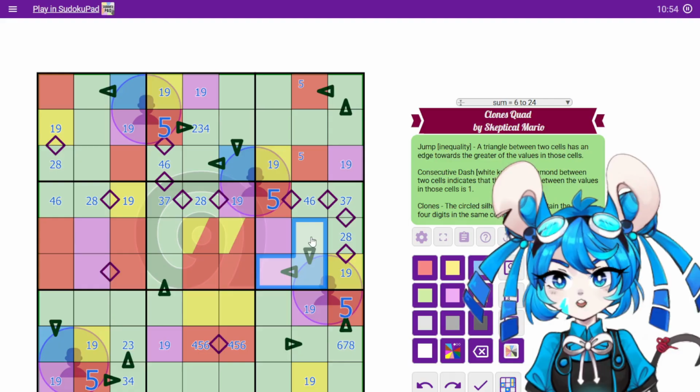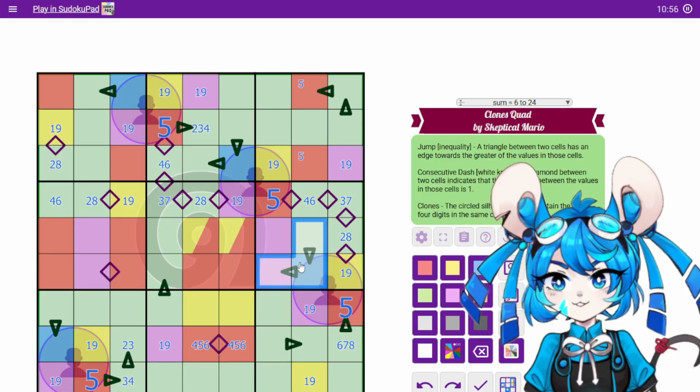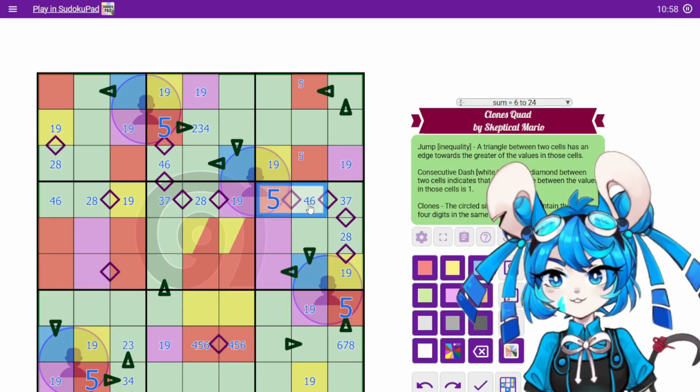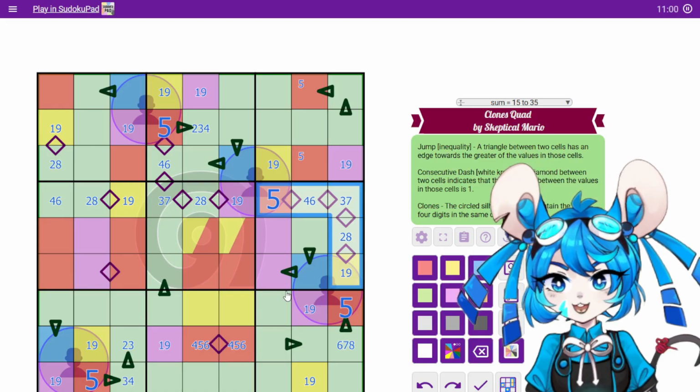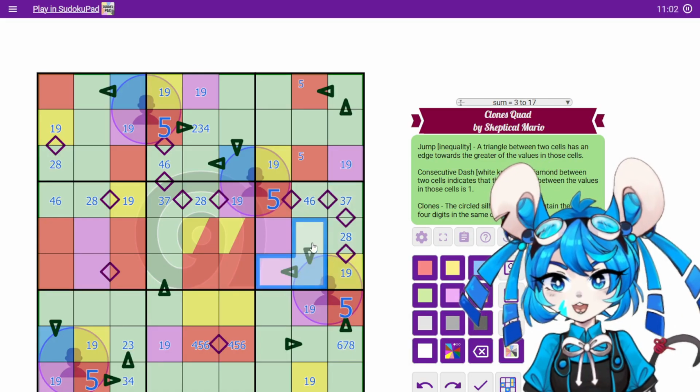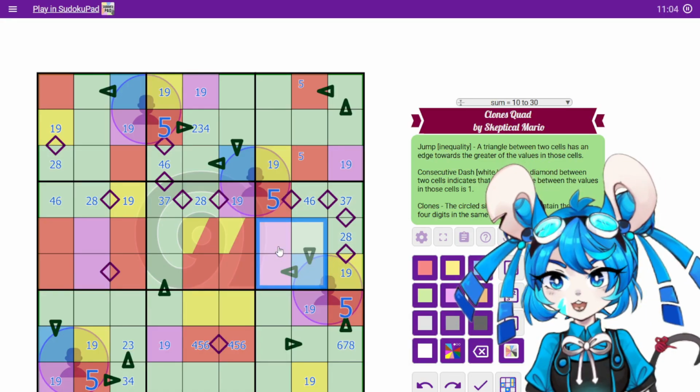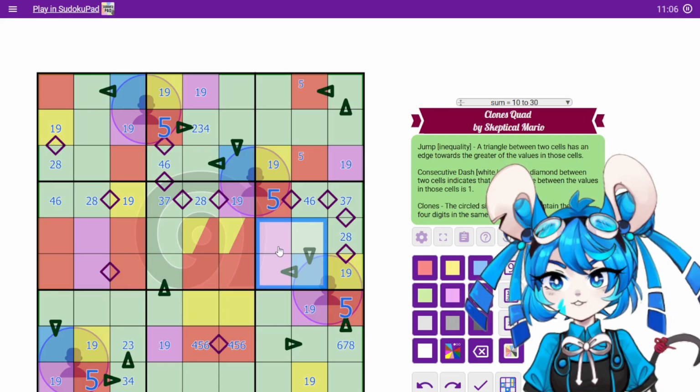These 3 digits are kind of interesting. Because if this is the low half, then these would be the remaining high digits, right?